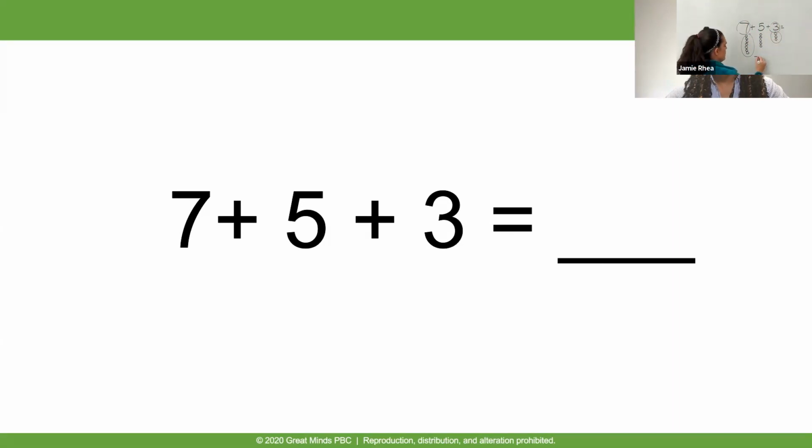So 7 plus 3 equals 10. So 10 plus the number we didn't circle, 5, equals how many? Remember, if you don't know your 10 facts, you can say 10 and 5 more, 10, 11, 12, 13, 14, 15. So we know that 7 plus 5 plus 3 is 15.